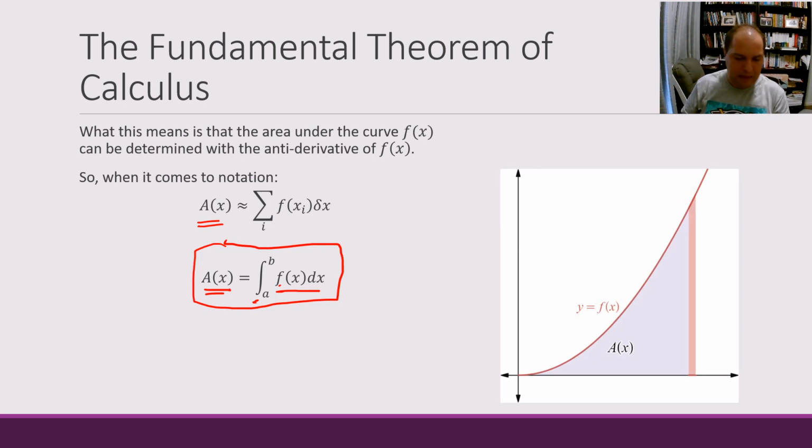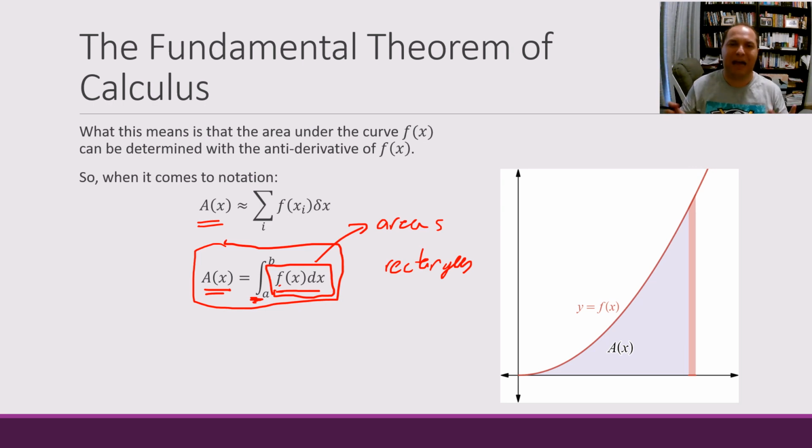So thinking about our example from before, what we've got here in f of x dx are the areas of all the rectangles, an infinite number of very, very thin rectangles. And then this sign out the front, this S, it is an S because it's a sum. It's a continuous sum.